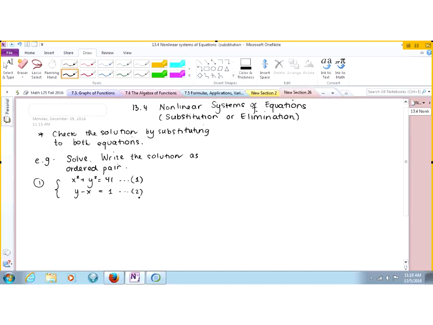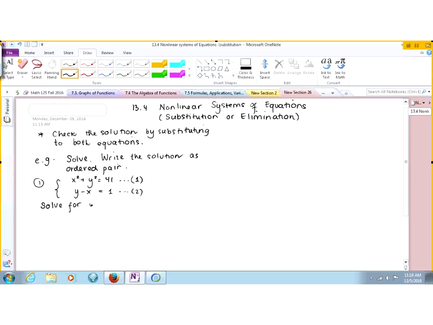So we will use either elimination or substitution. Do you think we could use elimination? Not really. Do I have x squared in the second equation? No, I don't. Do I have y squared in the second equation? No. So I need to use substitution, right?